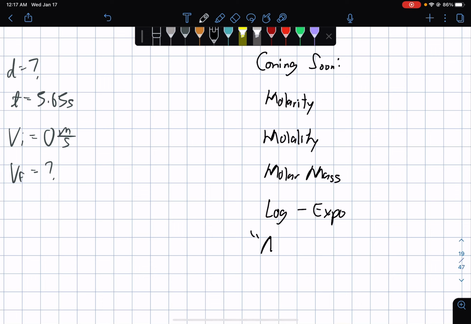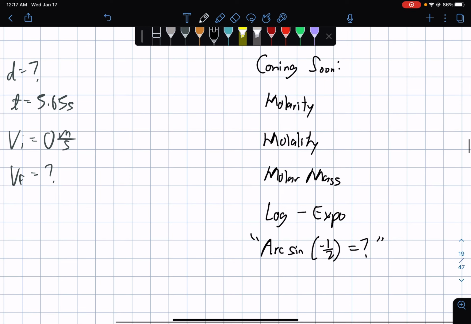Like solving arcsine problems like these. Unfortunately, I wasn't able to study that for the DCAT, but yeah, the school never taught me these. Actually, this one in particular, this lesson.